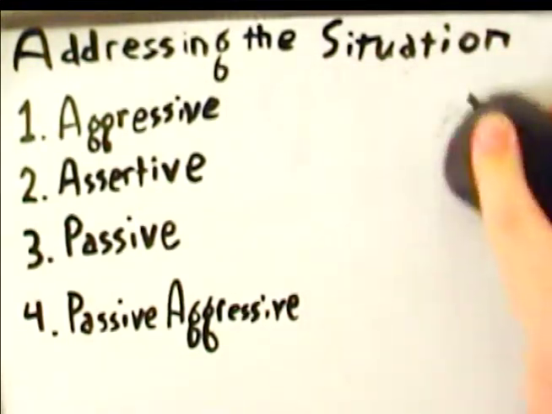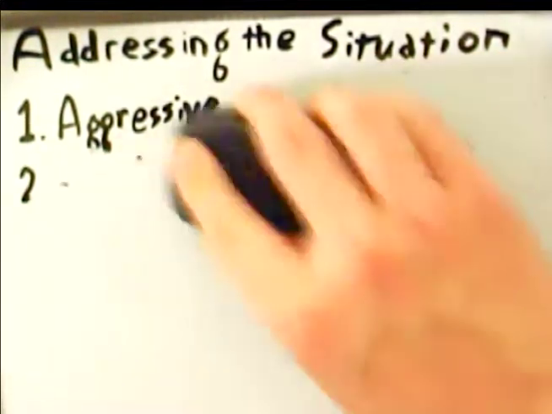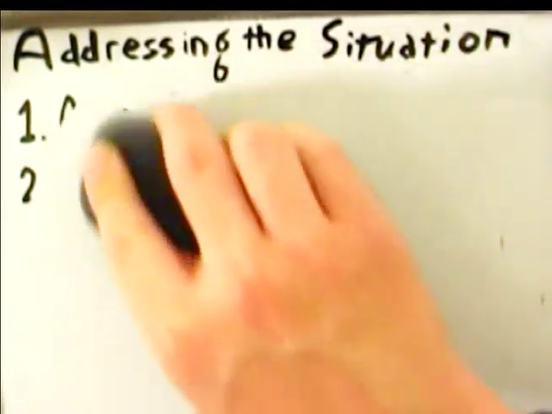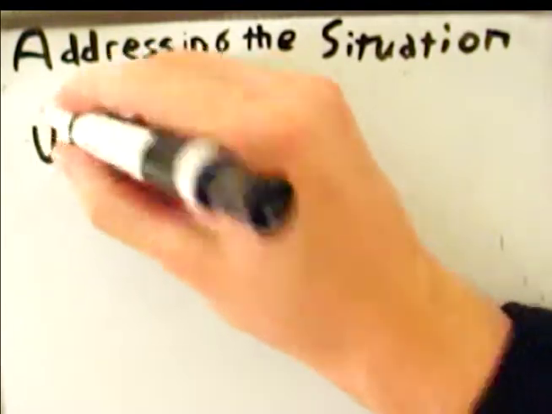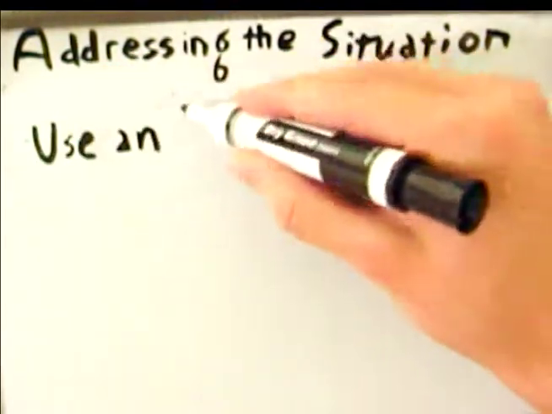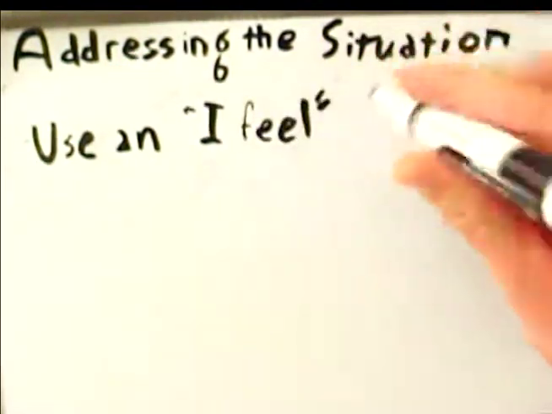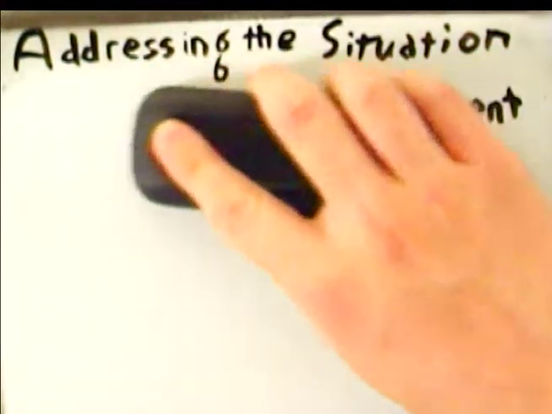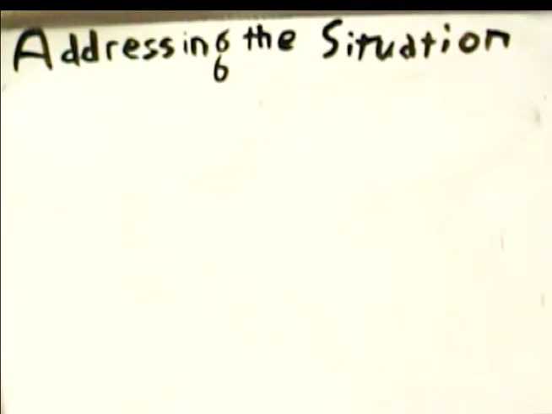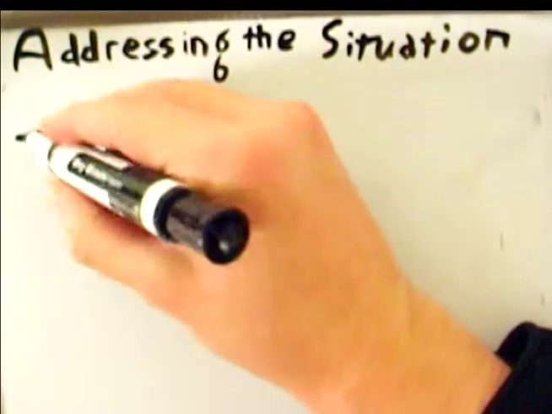Okay, so in order to use assertive communication more, we're going to go over something called an I feel statement. What we want to do to address a situation in an assertive way is use an I feel statement. We created this template for I feel statements that allows us to insert different situations into a general I feel statement.